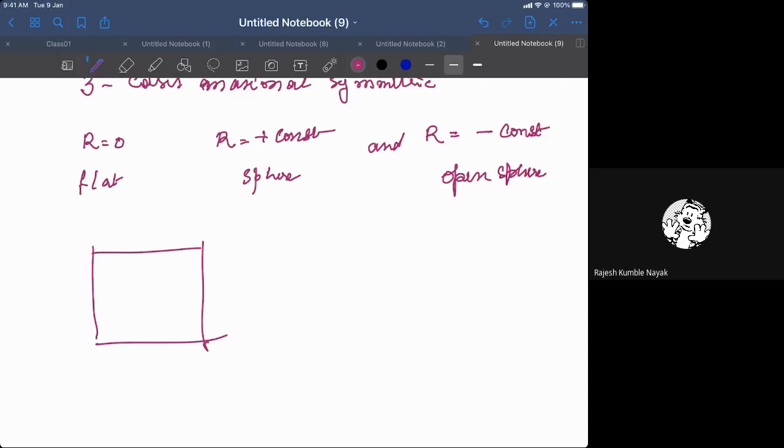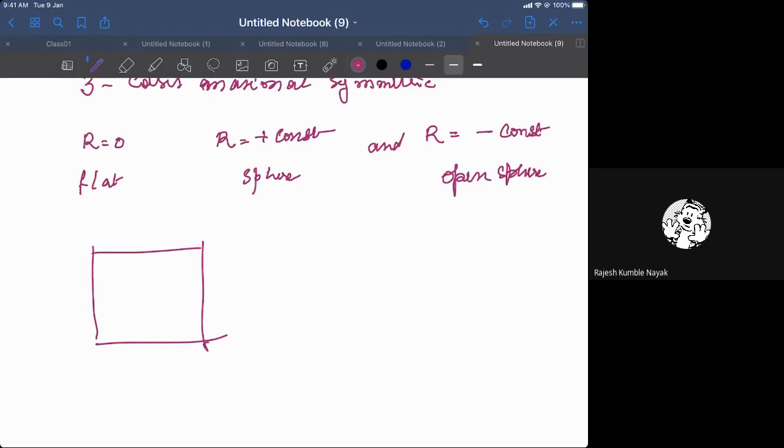The open sphere is difficult to imagine, but you can see that the metric element is very similar to the closed sphere, and from that you can mathematically show that all the properties satisfied by the closed sphere are also satisfied by the open sphere, except that the curvature, instead of being positive, is a negative number. So these three are the space-times which satisfy this condition.